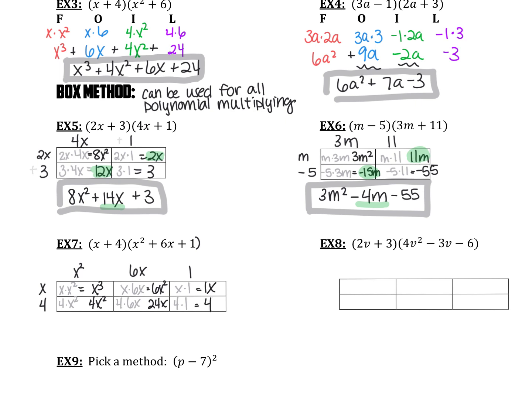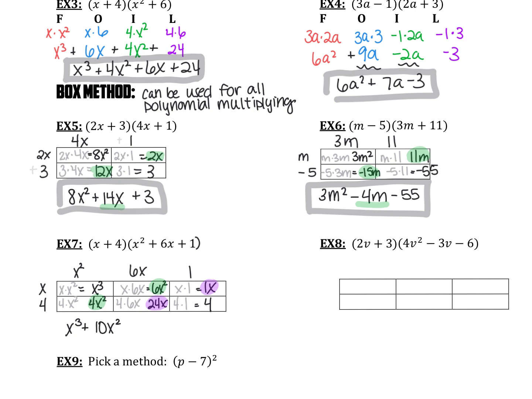Notice when I write this in this box method, it keeps everything very, very organized. And I can start to see my like terms. Notice I have a 6x squared and a 4x squared. But notice also I have a 24x and a 1x. So I'm going to make sure I combine my like terms. I have no other x cubed, but I do have a 6x squared and a 4x squared.